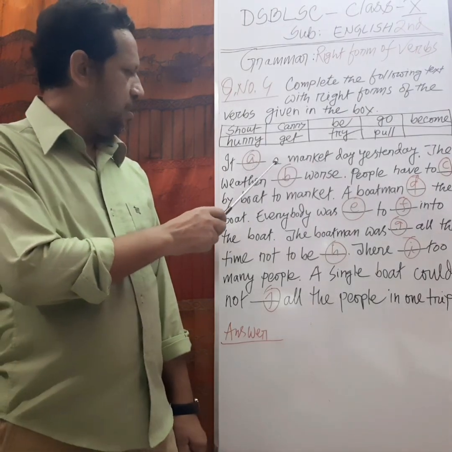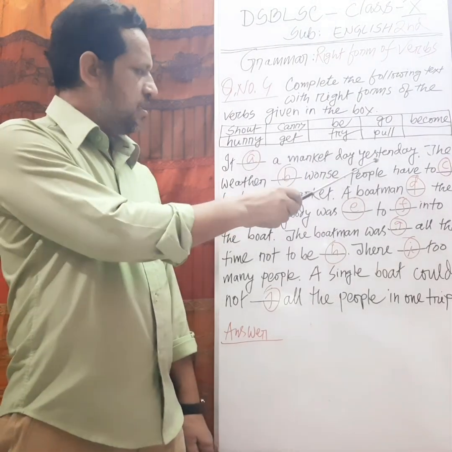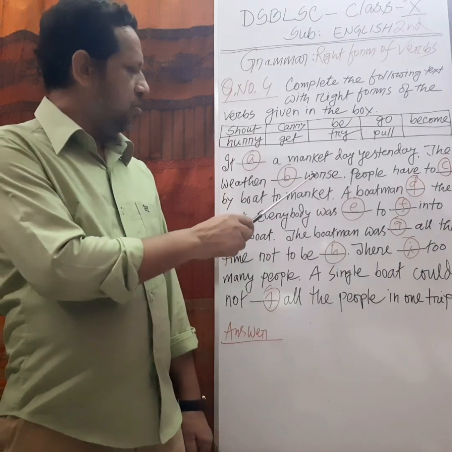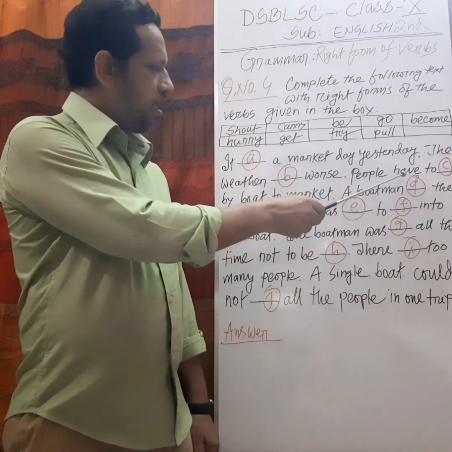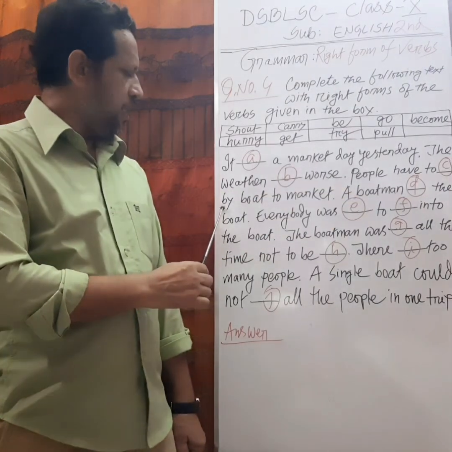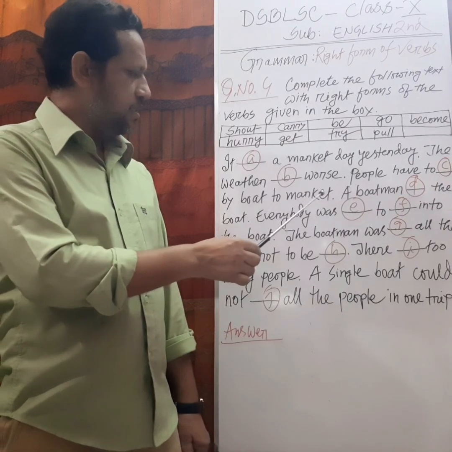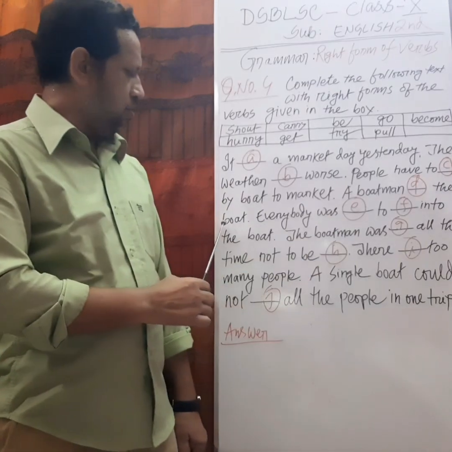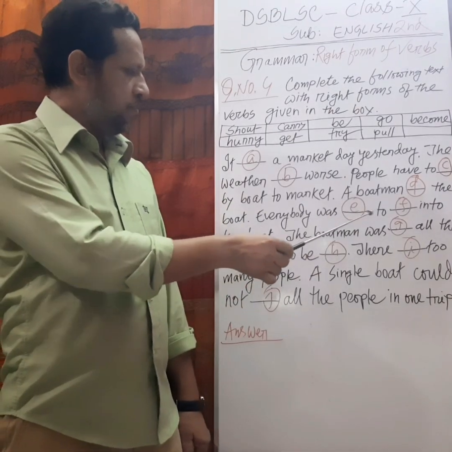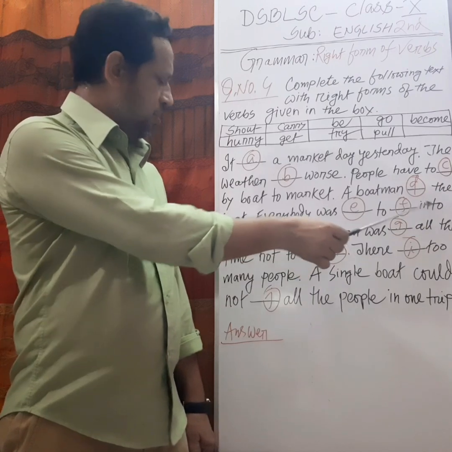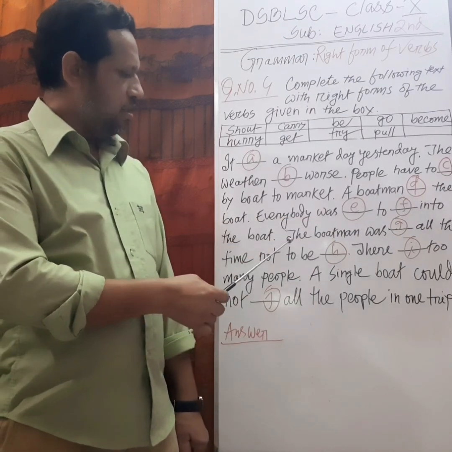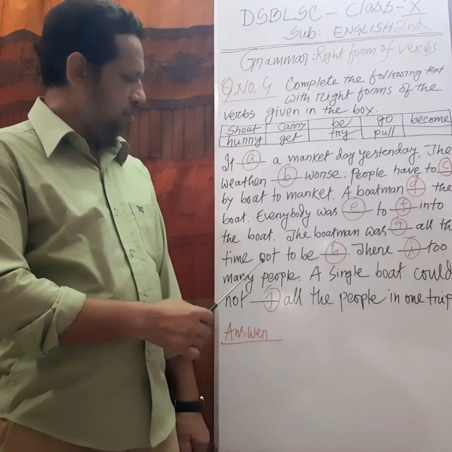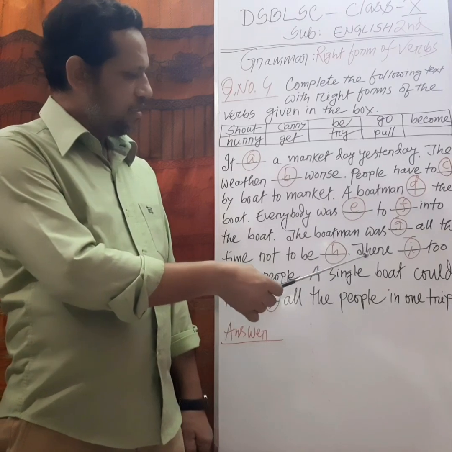It gap a market day yesterday. The weather gap worse. People have to gap by boat to market. A boatman gap the boat, everybody was gap into the boat, the boatman was gap all the time not to be gap.